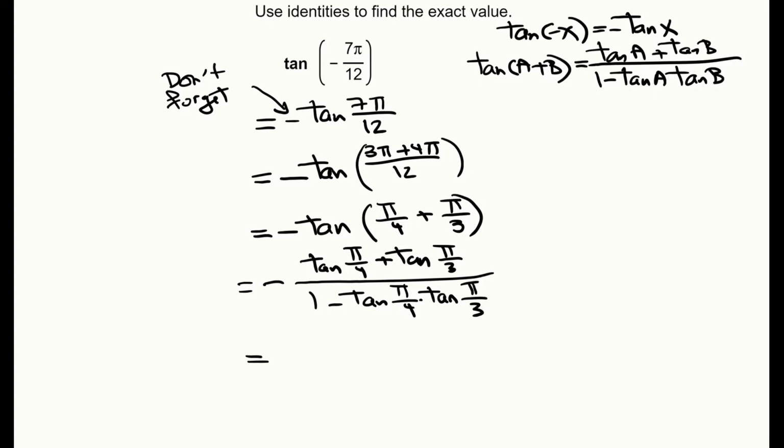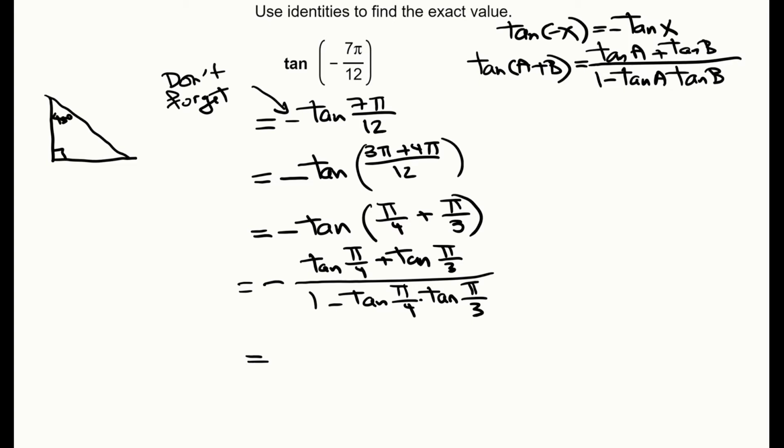So notice pi over 4, as we know, is just 180 degrees over 4, or 45 degrees. Pi over 3 is just 180 over 3, or 60 degrees. So for this, we can actually go back to our triangles for once instead of the unit circle, which we could, of course, but let's just remember these two.